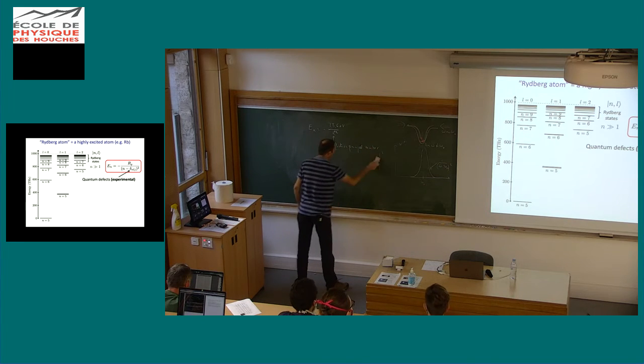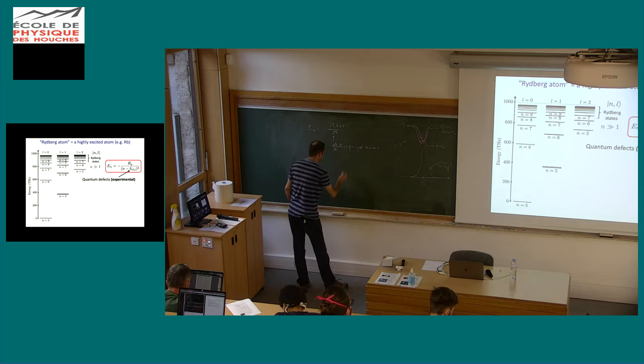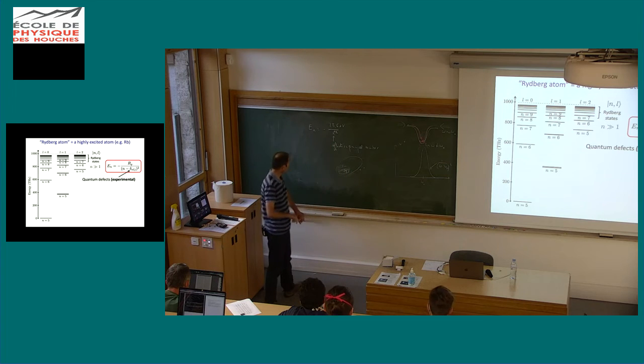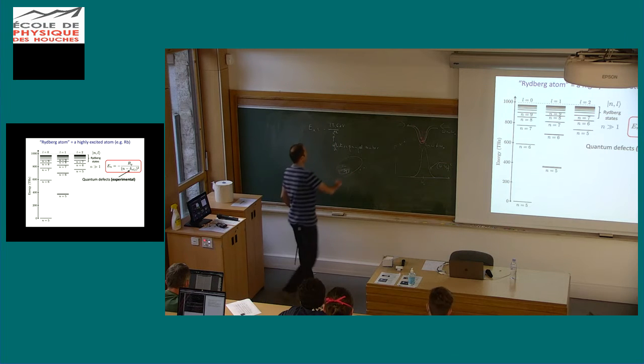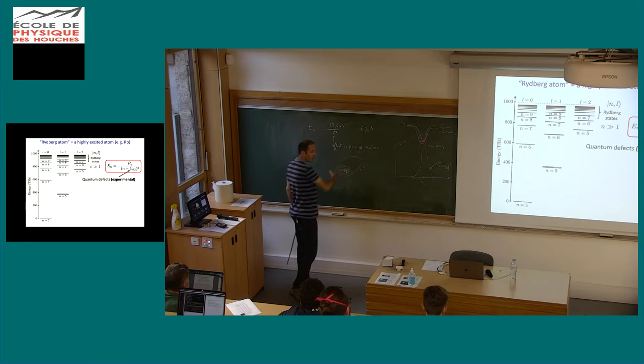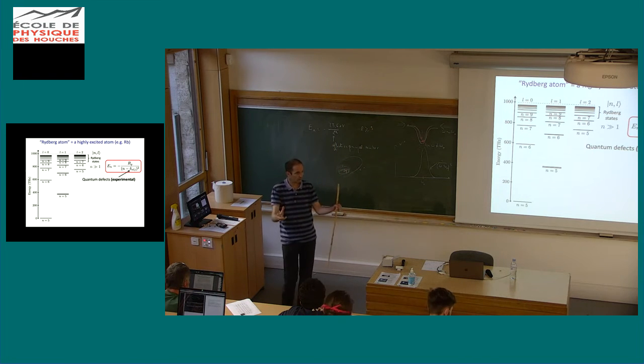The reason for that is that if you look at a real atom, you have a nucleus of charge Ze, then Z minus 1 core electrons, and then the outer electron. If l is larger than about 3, the trajectory avoids the electronic core.